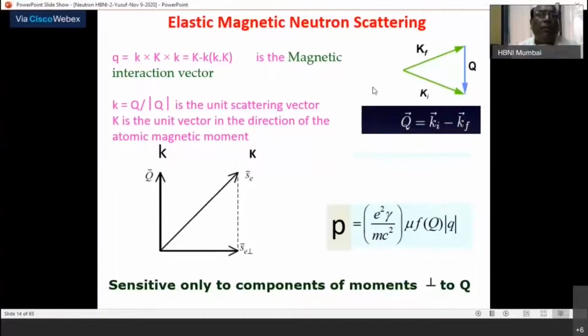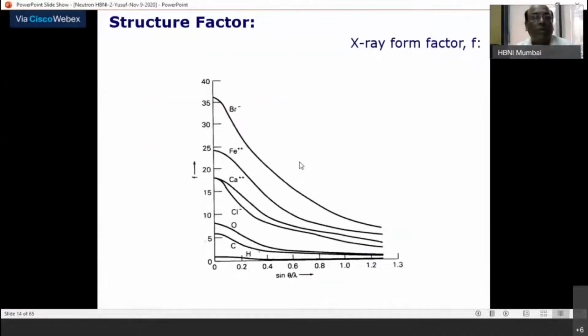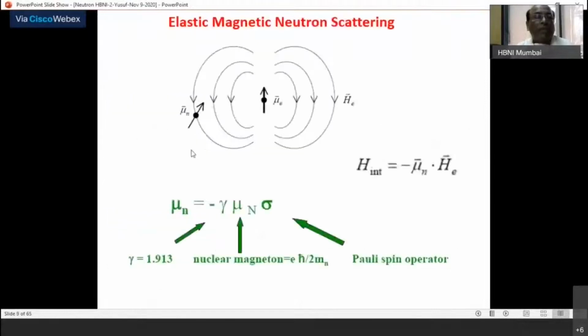The neutron magnetic moment mu n, which I have said already, and the electronic or atomic magnetic moment, it doesn't see electron by electron. In, let us say, Fe2 plus, there are unpaired electrons in the 3d shell. That has caused a net moment of that Fe2 plus ion.